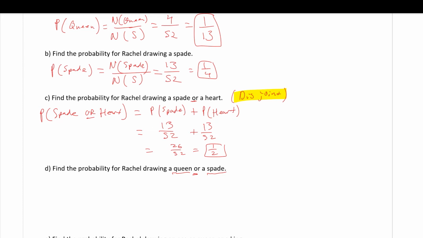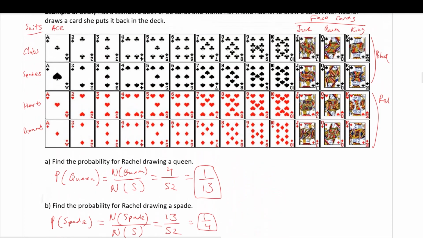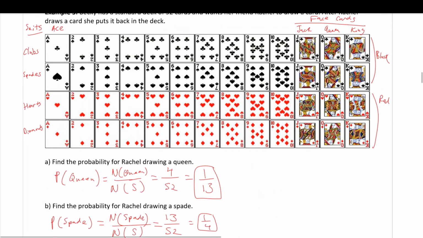But if there's a card that is both a spade and a queen, then they're not disjoint. Okay, so let's go up here, and well, here's the spades, here's the queen, and of course they're going to intersect right here. See that?